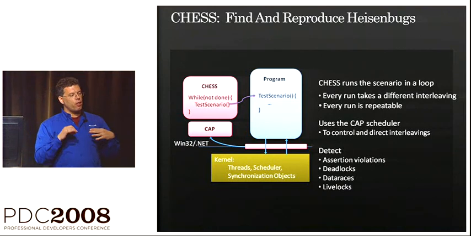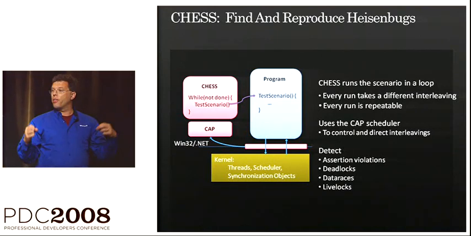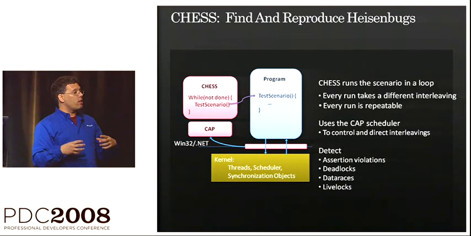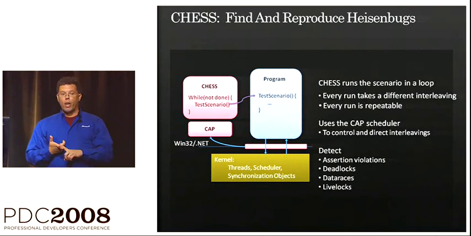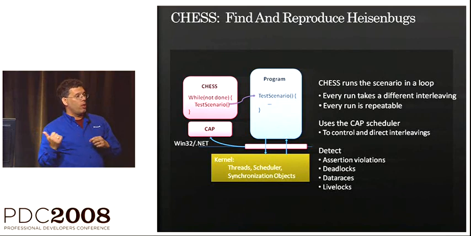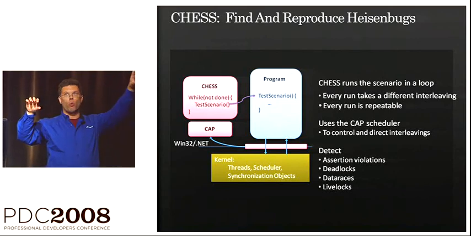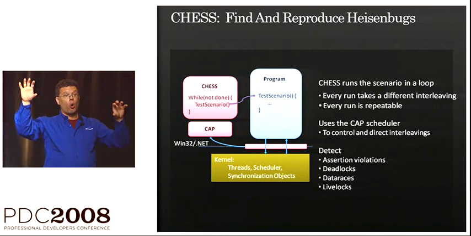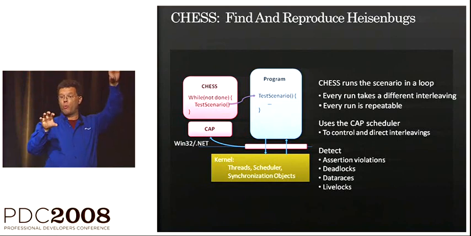But because CHESS knows about concurrency, the synchronization, and the locks, it can detect deadlocks where nobody's making progress. It can detect data races. We don't have that demo here today, but we're building that in. So it can say, look, I've got a read in one thread and a write in the other, and they're unordered. That is, there's no synchronization that guarantees the read always comes before the write.